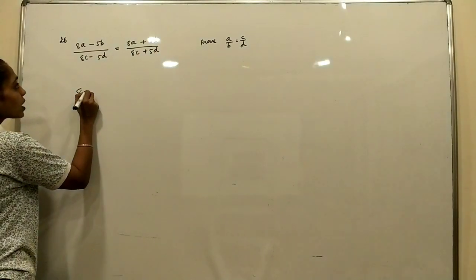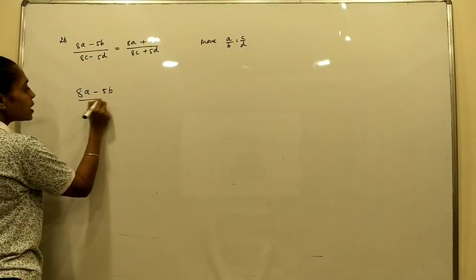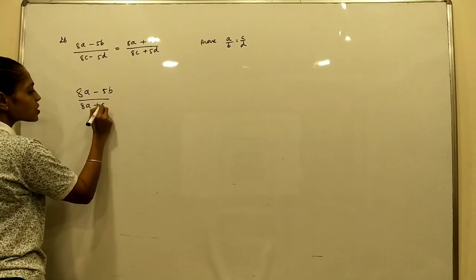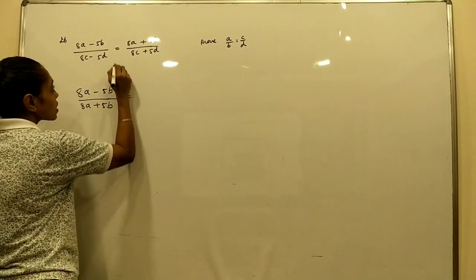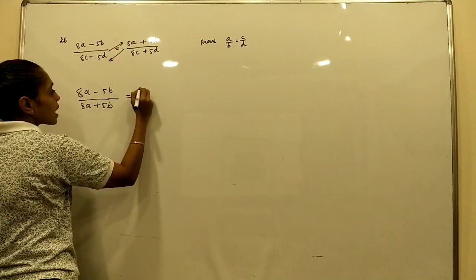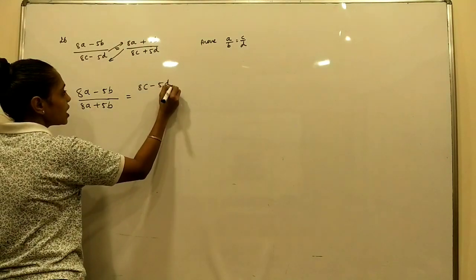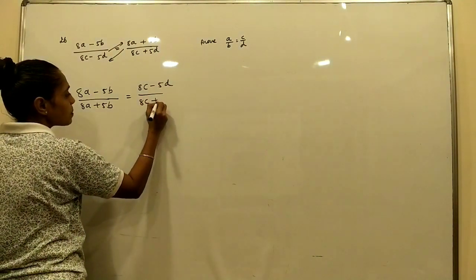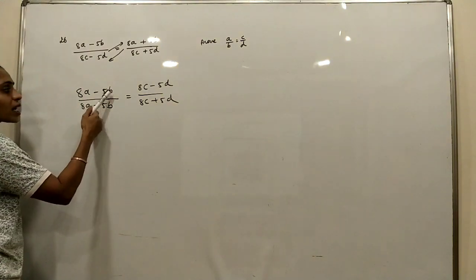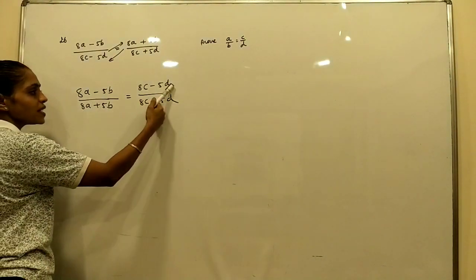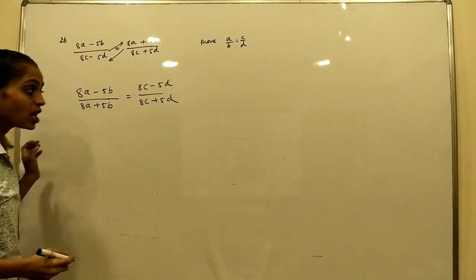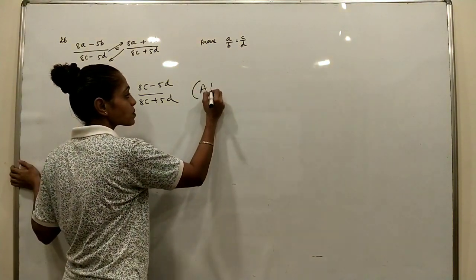First of all 8a minus 5b, 8a plus 5b, 8c minus 5d, 8c plus 5d. Got it? Numerator and denominator ab, ab, cd, cd terms, and try to arrange. That is known as alternando.